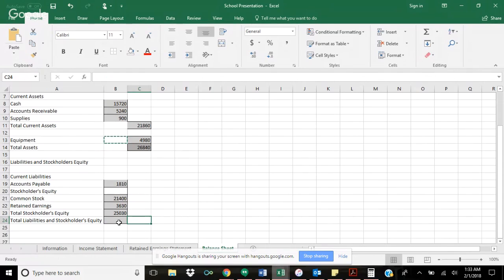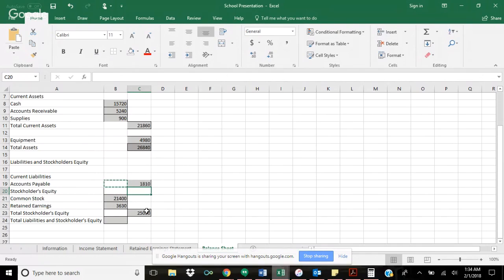Lastly, we are going to figure out if our number here matches up with the number here. This number should actually be over here because that's how it's written in equations, and the same with this number, for formatting's sake.